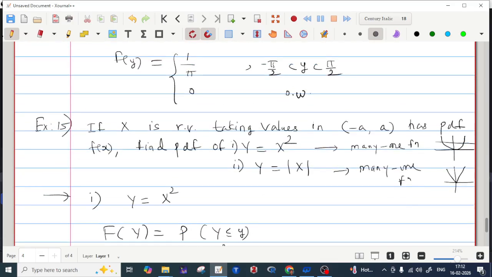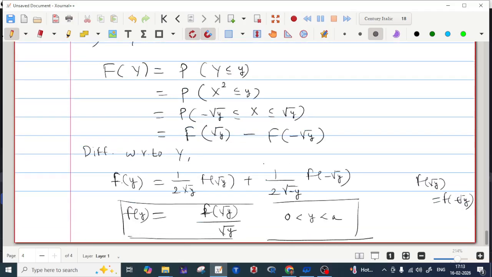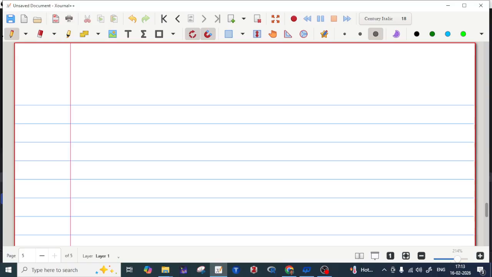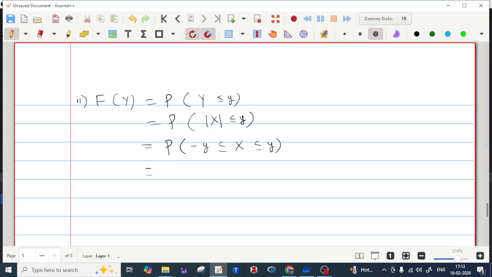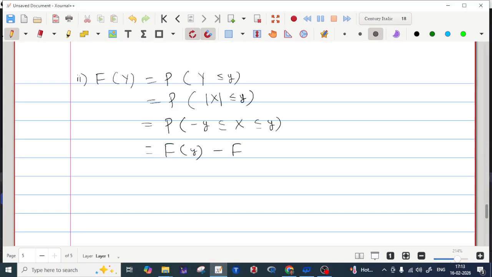Similarly, you can obtain the probability distribution of mod x also. Let's consider F(y) equals probability of Y less than or equal to small y, that is mod X less than or equal to y, which is probability of minus y less than X less than y. This is F(b) minus F(a).